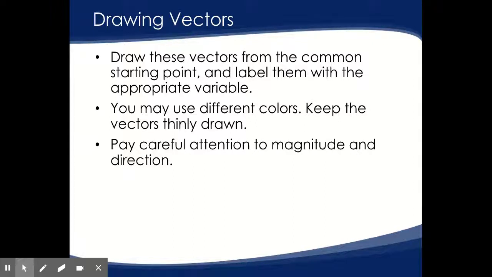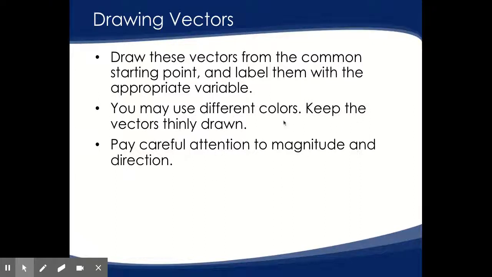It's really important because you're going to be drawing them to scale and then measuring and solving the resultant vector from your drawing. So they do need to be neat. Keep your vectors thinly drawn. Don't have a big fat line, because if you're measuring in centimeters and you have a very wide line because you used a wide marker, that could throw off your measurement by a couple of millimeters, which really could make a difference. So you don't want to do that.